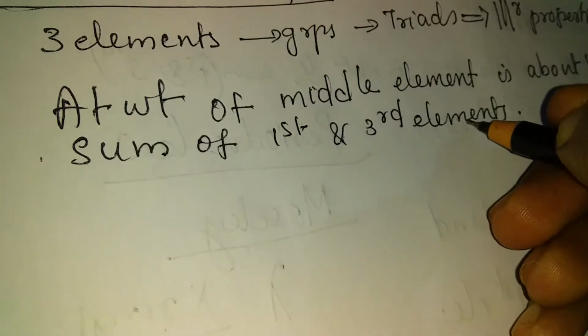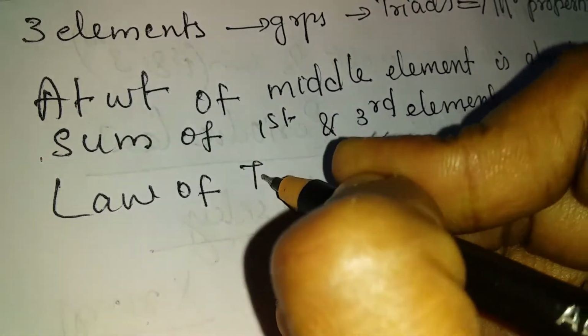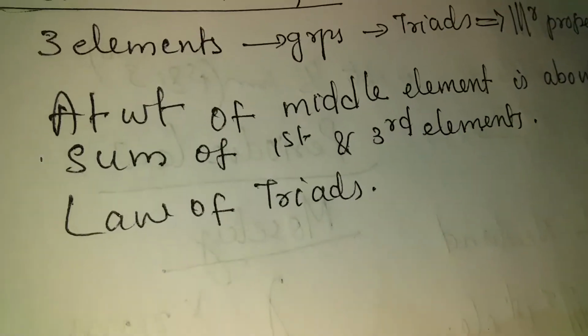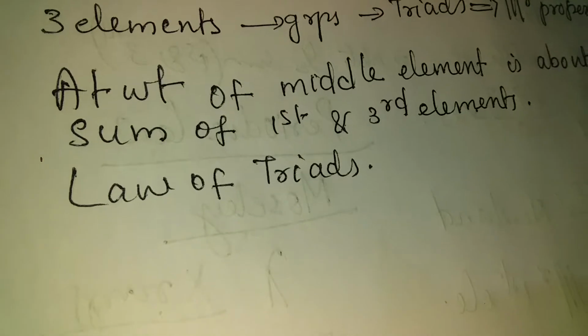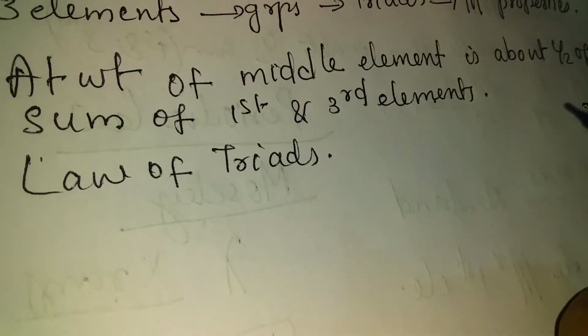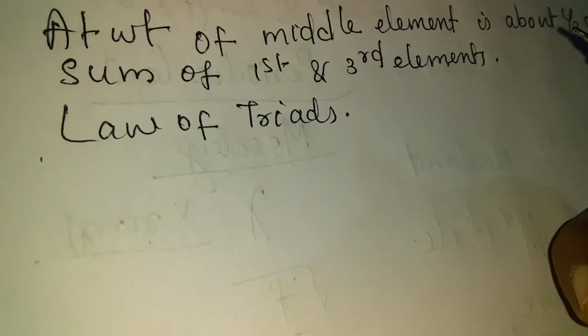This relation is known as the law of triads. So what is the law of triads? The atomic weight of the middle element is about half of the sum of the first and third elements. This relation is known as the law of triads.